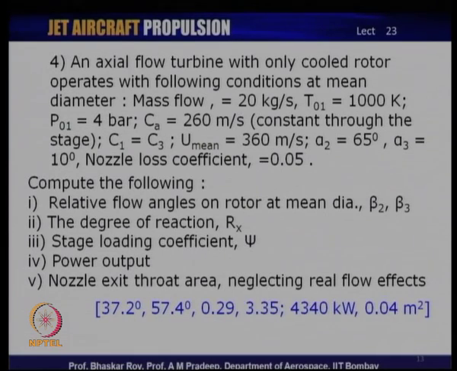Power output correspondingly would be 43.40 kilowatts, and the nozzle exit throat area would be 0.04 square meters. This is the throat area at the exit of the nozzle, which is typically at the end of the converging channel that is normally used in the stator nozzle.